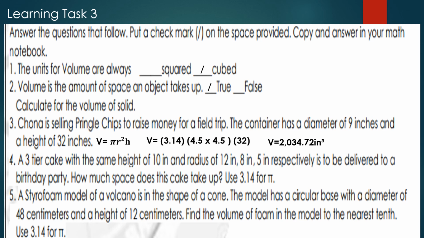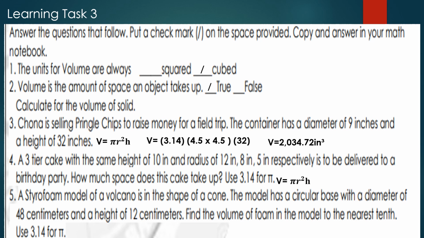Ang kanyang shape niyan ay cylinder. Sa unang layer, malaki, then pangalawang layer ay medyo lumiit, naging 8 inches na lang ang kanyang radius. Tapos yung ikatlong layer, yung radius niya ay 5 inches na lang. Kukunin nyo lahat ng volume ng mga cylinder na yon.